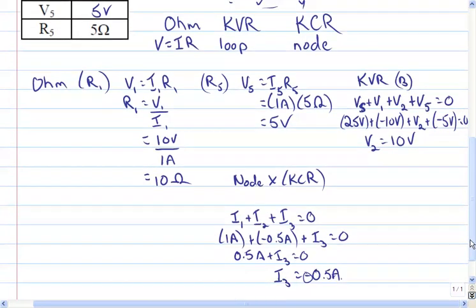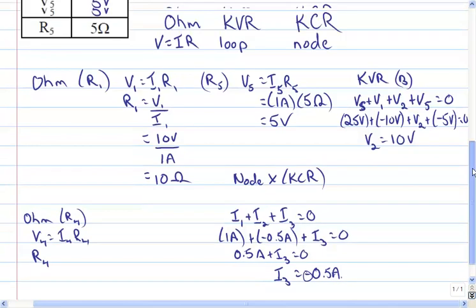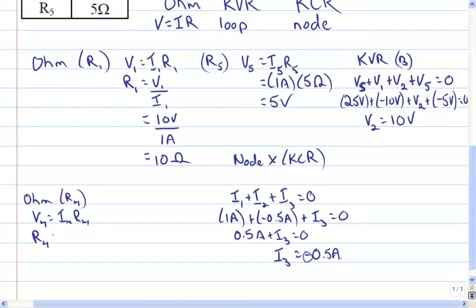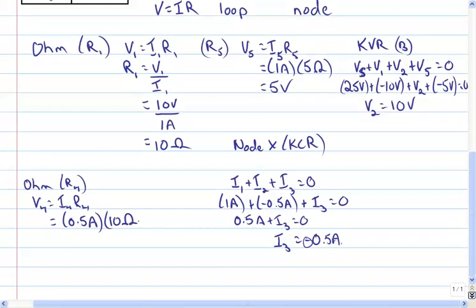V4 equals I4 R4. R4, sorry, it's R4 that I know, right? Yes, I know it's 10 ohms. So I don't have to solve for R4. I'm just going to plug and play. I've got 0.5 amps times R4 of 10 ohms. So I end up with 5 volts across R4. So this one becomes 5 volts.